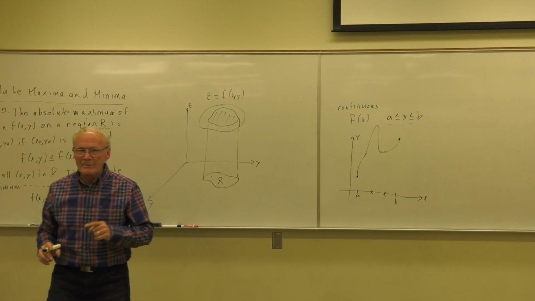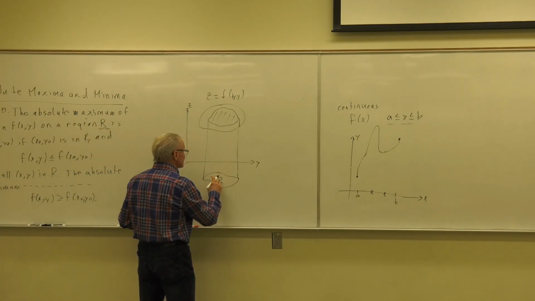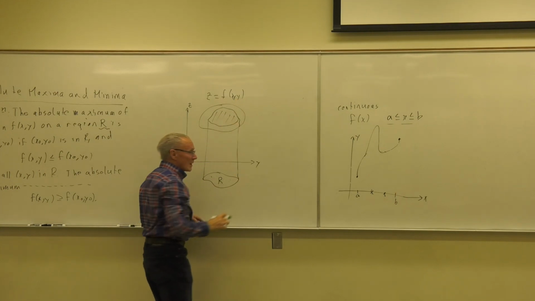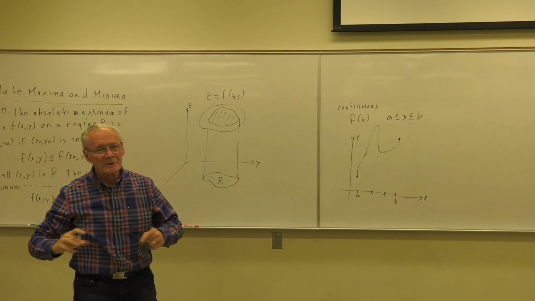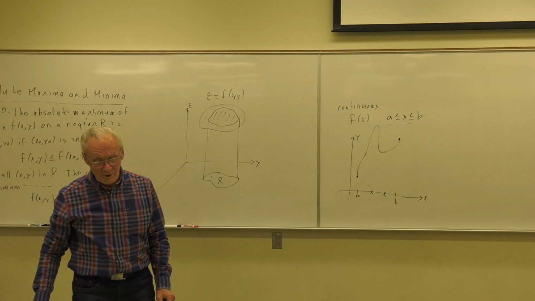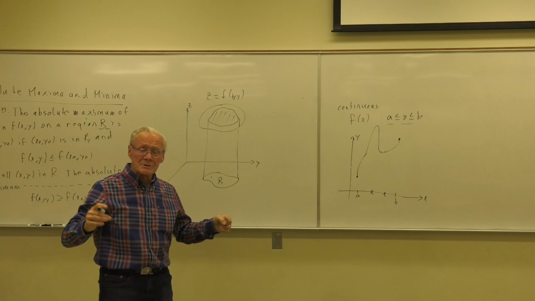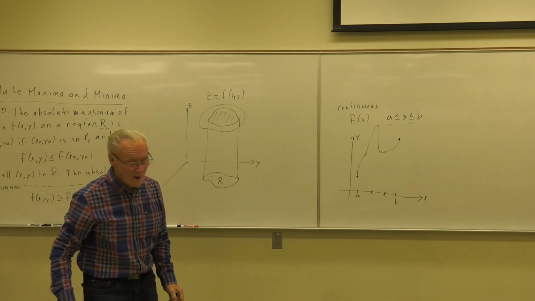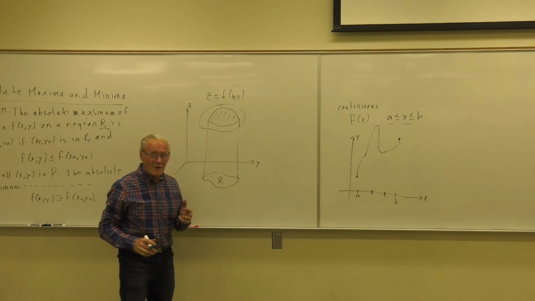But now the problem is, I have no difficulty finding the critical points inside: differentiate with respect to x, differentiate with respect to y, put them equal to 0, and solve. Unless it's an ugly function, in which case I might have to consider where the derivatives do not exist. But when it comes to the edge, I've got a problem.